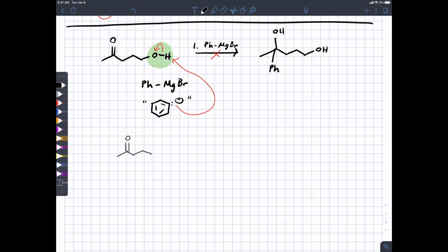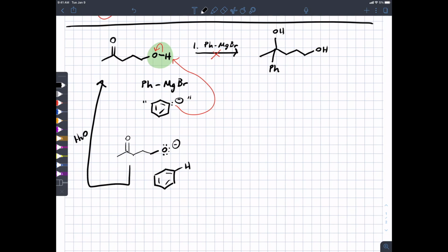That gives you the corresponding alkoxide and benzene. So we just came up with a very expensive way to make benzene. And we didn't get the product that we want. And oh, by the way, when we, after this, add water, we just get back to the starting material.